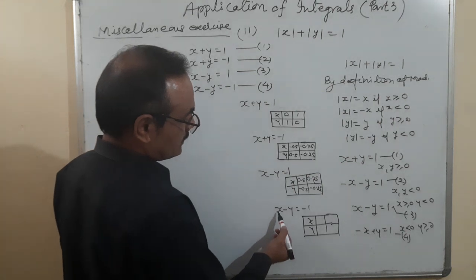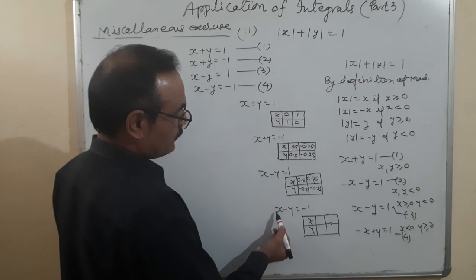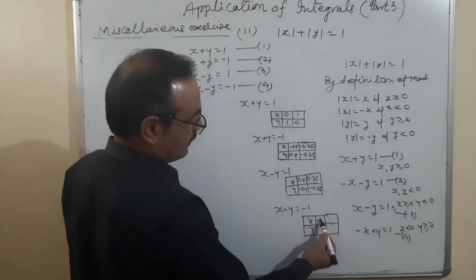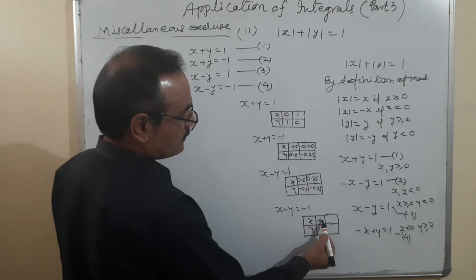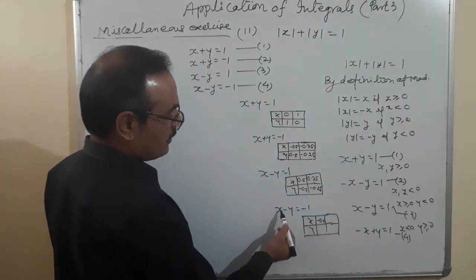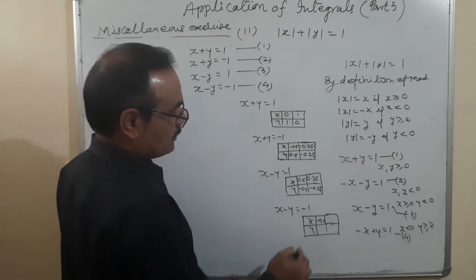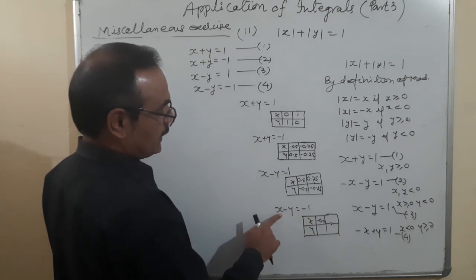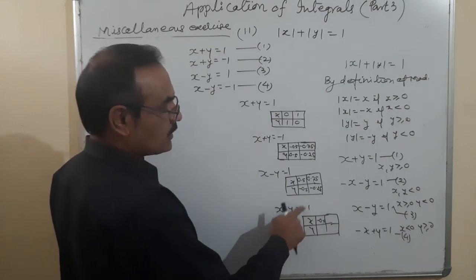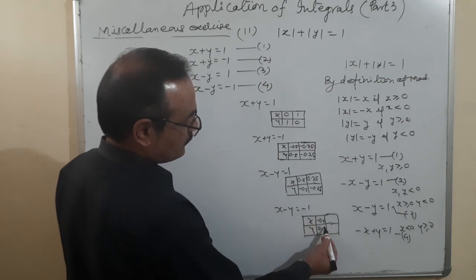Suppose I take x is equal to minus 0.5. So it is coming here minus 1 plus 0. Yes, y is greater or equal to 0. So when I take x is minus 0.5, minus 1 plus 0.5, minus 0.5, so it is 0.5.